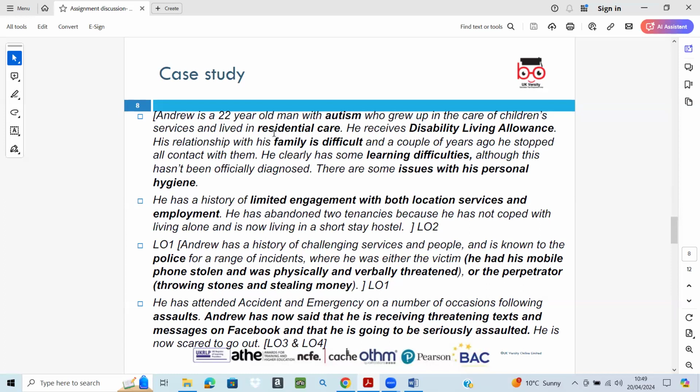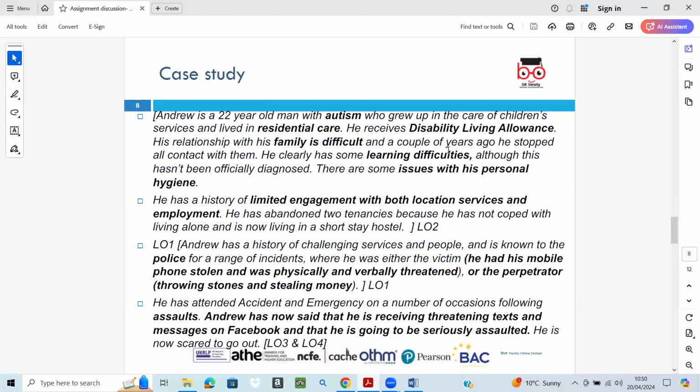So look, we have the highlighted or bold words here: residential care. He received disability living allowance, and his relationship with family is difficult. We discussed earlier that we always need to look for the support network. And here it is mentioned that a couple of years ago he stopped all contact with them.